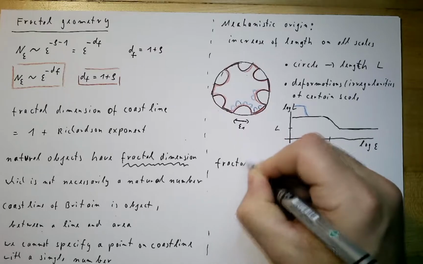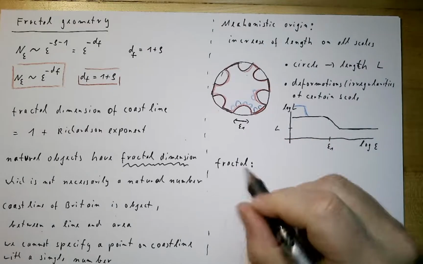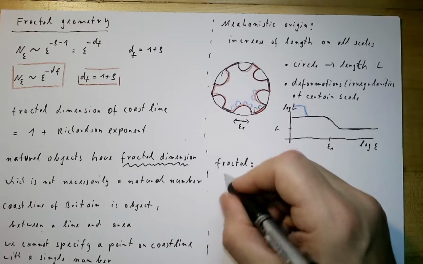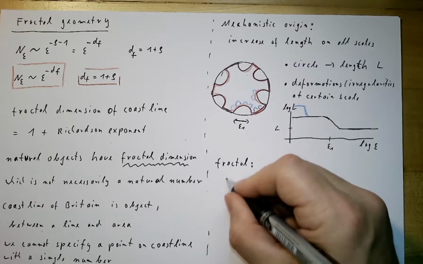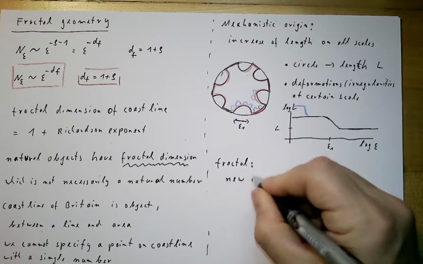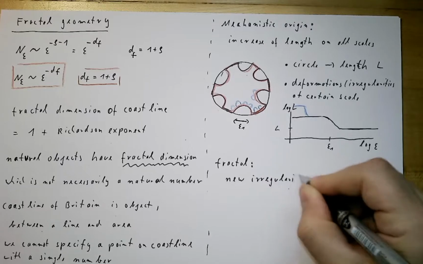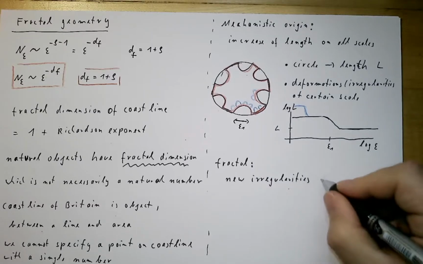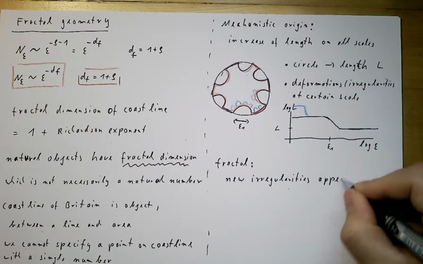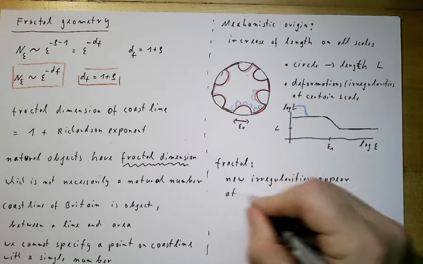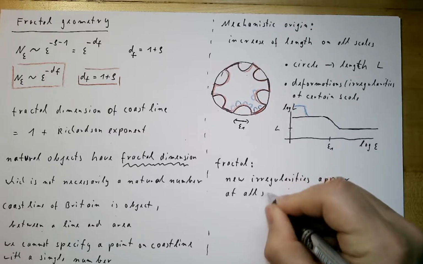So if we have a fractal, new irregularities appear at all scales.